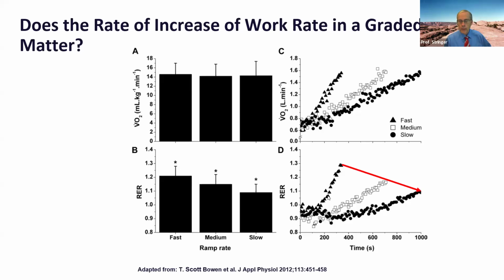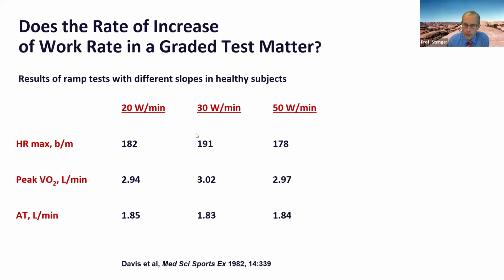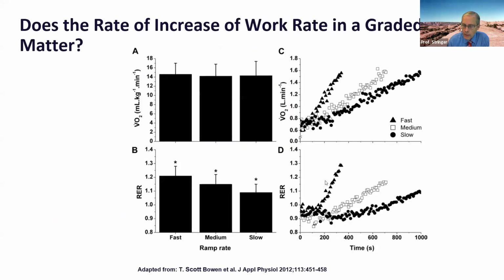So you don't want to pick an RER value and say, okay, the subject can stop exercising now because they reached an RER of 1.1 or 1.05, because depending on what you picked for your ramp rate back here, these are high ramp rates because these are normals, but even in a patient, make this 5, 10, and 20 watt ramp, you're going to get different RERs at the end of exercise just based on how much CO2 comes out in that short period of time relative to distributing that CO2 output over a much longer ramp.